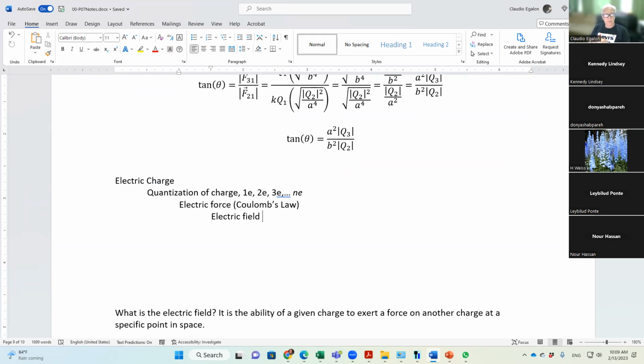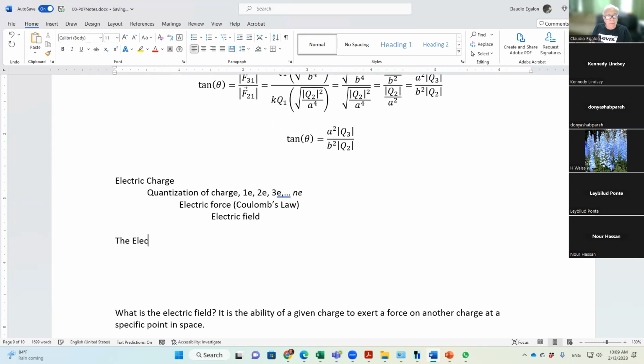And now we're going to talk about something that's also very abstract. We're going to start talking about something called the electric field. And the best way to visualize the electric field is in terms of the electric force. Let me write that down.